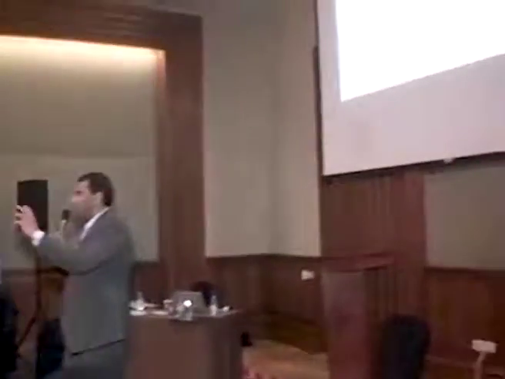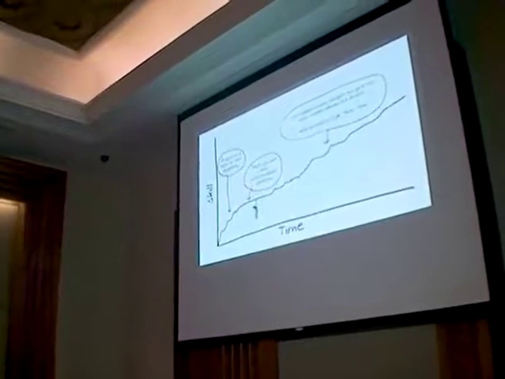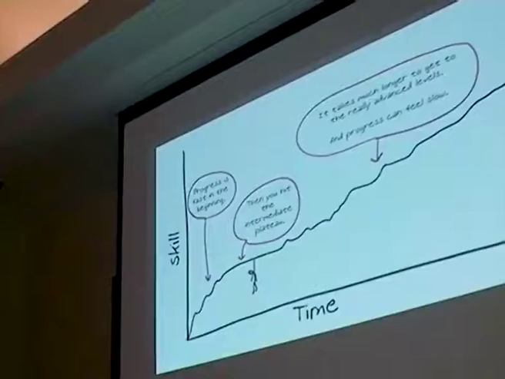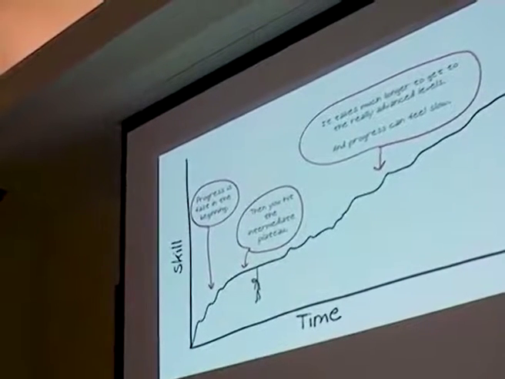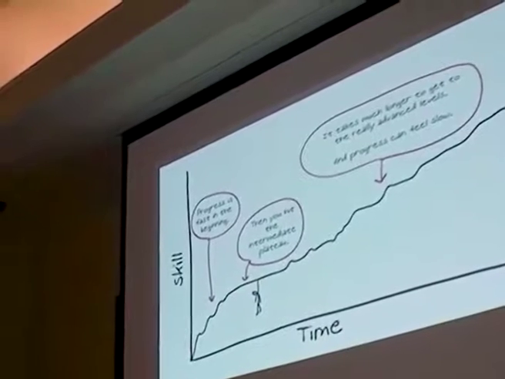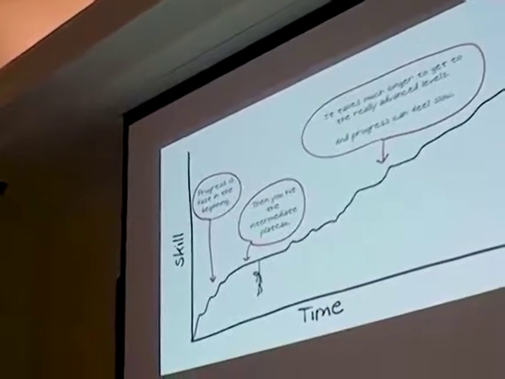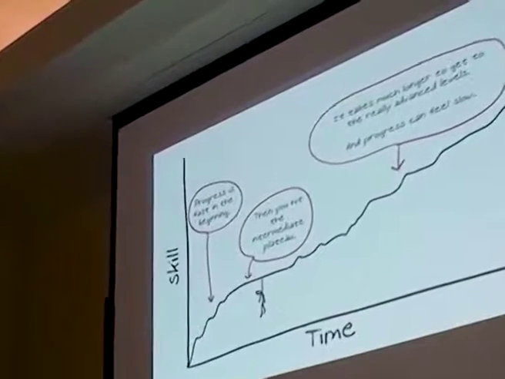So what happens? Look at our students, poor students. When they reach this advanced level of proficiency, they stagnate. At the beginning, progress is fast. And then what happens? Students begin to experience feelings of what?